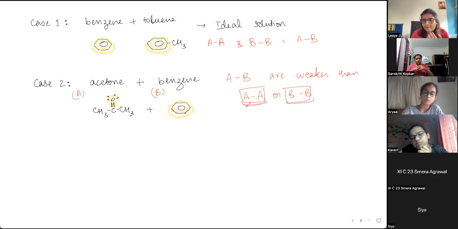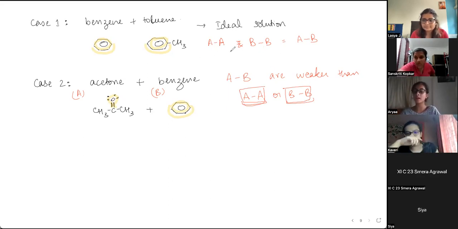Just how would the interaction between A and B in the second case take place? Like when you mix them. You said that in the first case the interaction would be almost equal to the individual components because the structures are similar, same resonance, similar van der Waals forces. So how would acetone and benzene basically react?